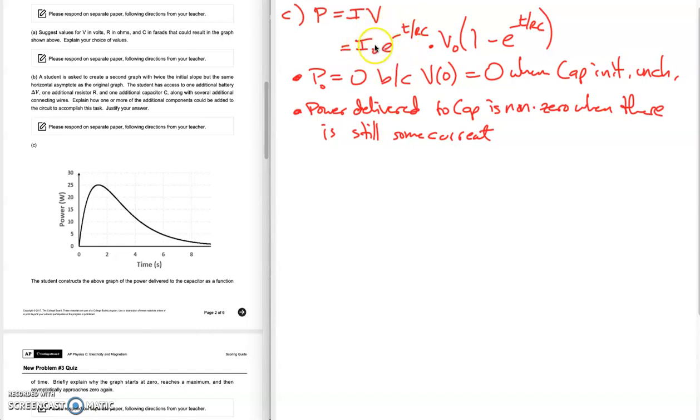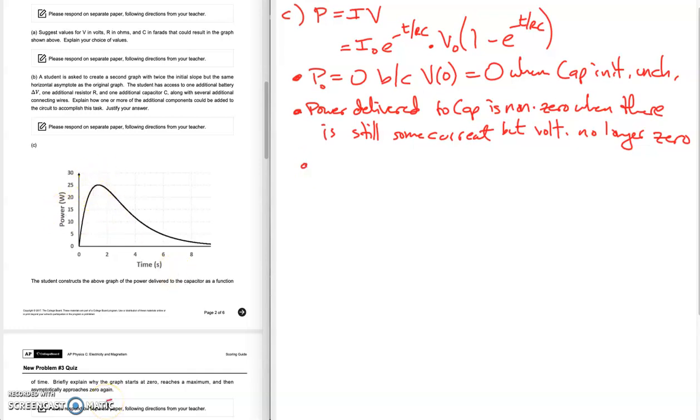The current is always going to be exponentially decaying, so there's going to be some time in between the maximum and 0. So there's still some current, but voltage no longer 0. So while this is not yet 0 and this has stopped being 0, that's when you're going to get some non-zero power. And that's the whole point of this maximum point right here.